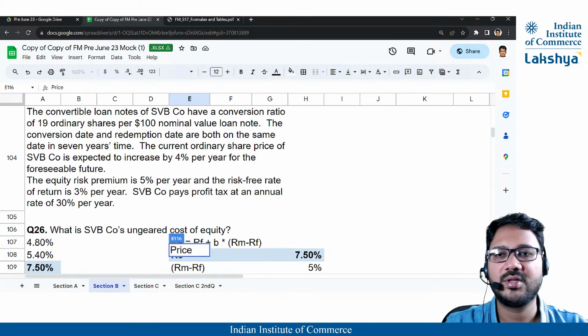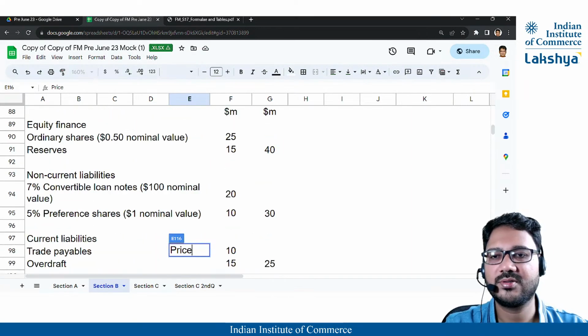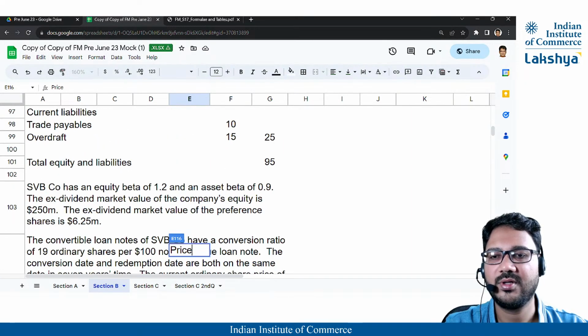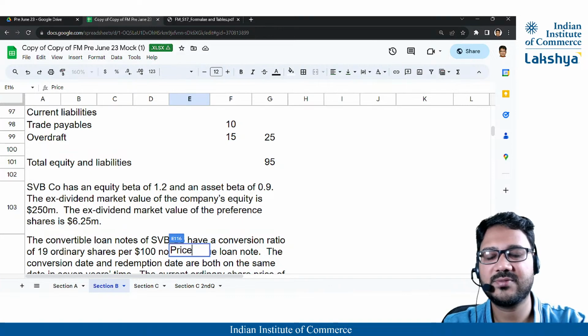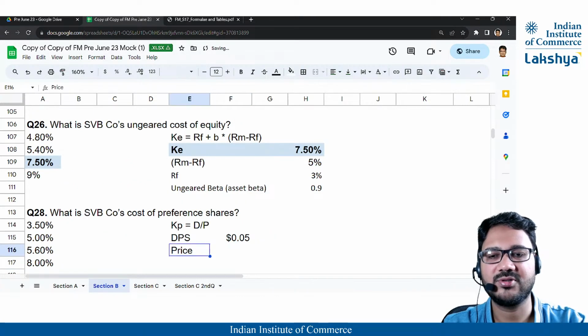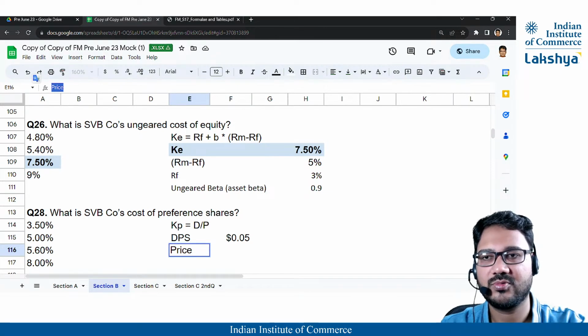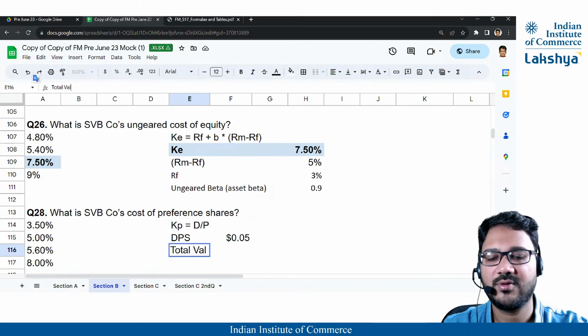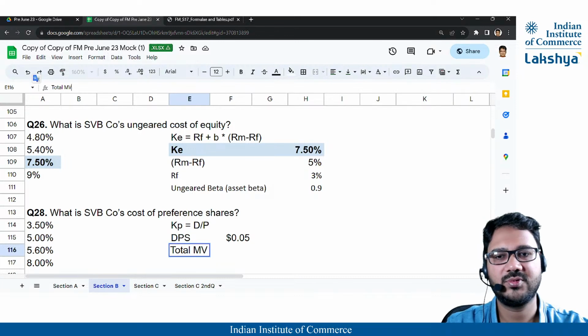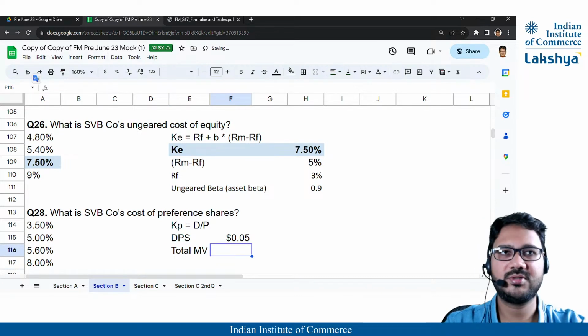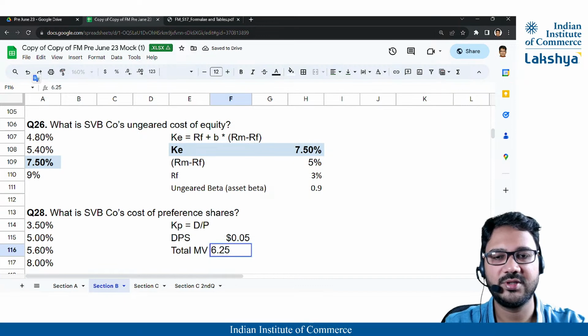Now, this is the nominal value. The ex dividend market value of the preference shares is 6.25 million. So 6.25 million is the total market value.